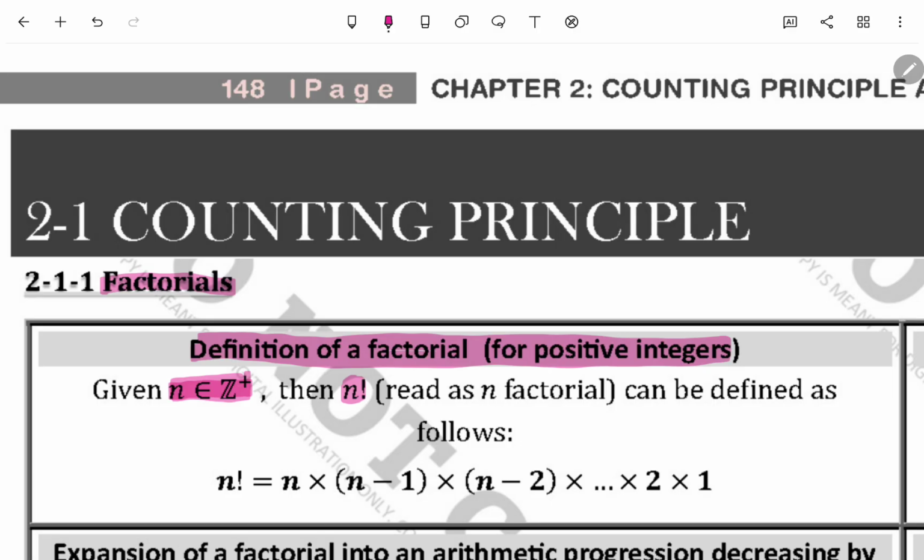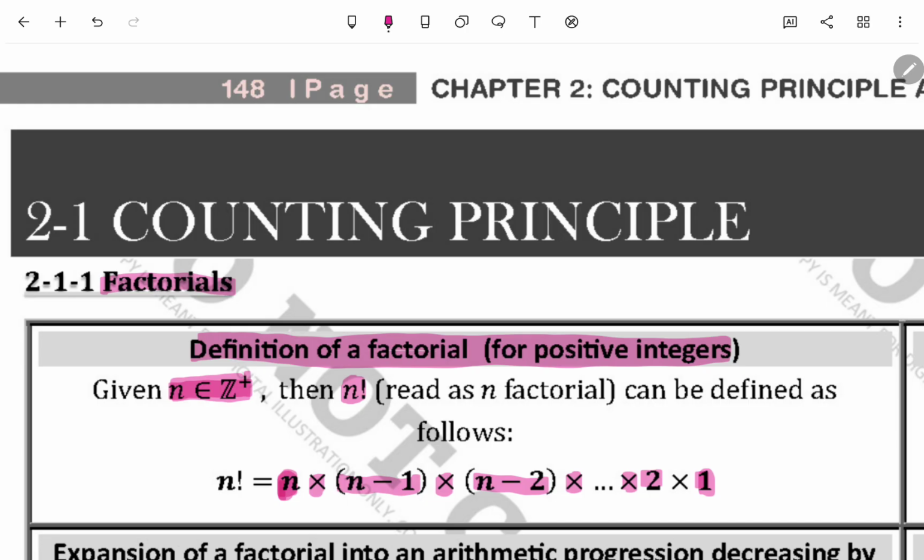And we can define it as a product of consecutive whole numbers started by n and ends by 1, by starting by the biggest, which is n, then reduce it by 1 to get n minus 1, then n minus 2, then end it by 2 and 1.